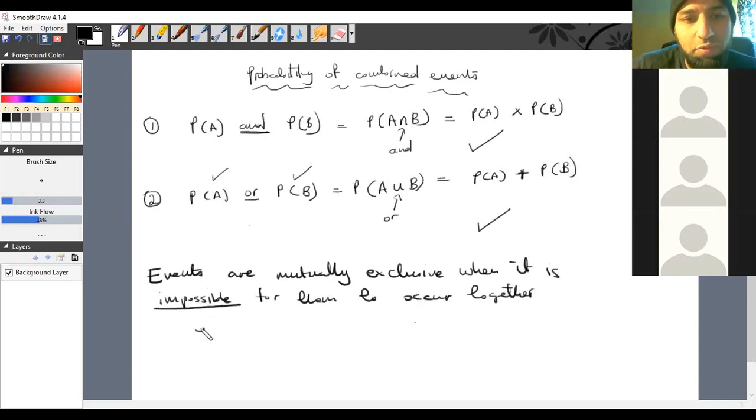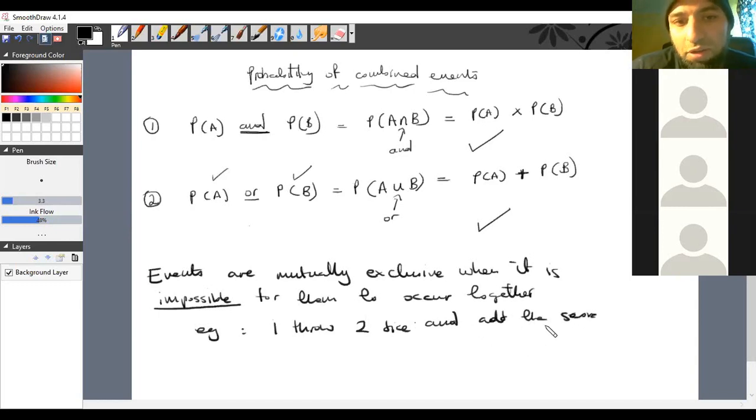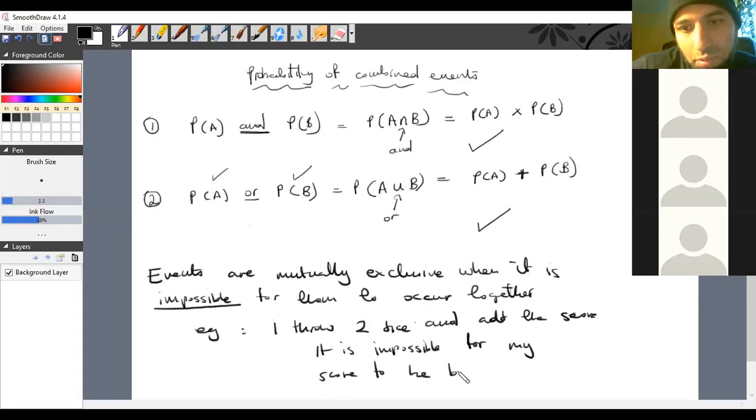Impossible. So for example, if I throw two dice, and I add up the score, the score can only be one value. It can't be two values. It is impossible for my score to be both 3 and 4, for example, at the same time.